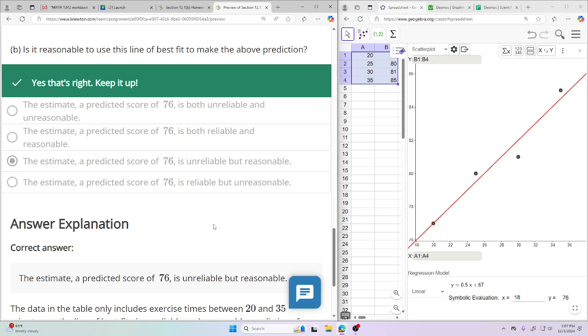I think that's practically the only answer that they ever use, except for when it always works, it'll be reliable and great and all that awesomeness. Same thing. If it goes over or under, I think they would still want it's unreliable because it's outside of the zone, but it's still reasonable because, well, it's 18 compared to 20. Should be fine.